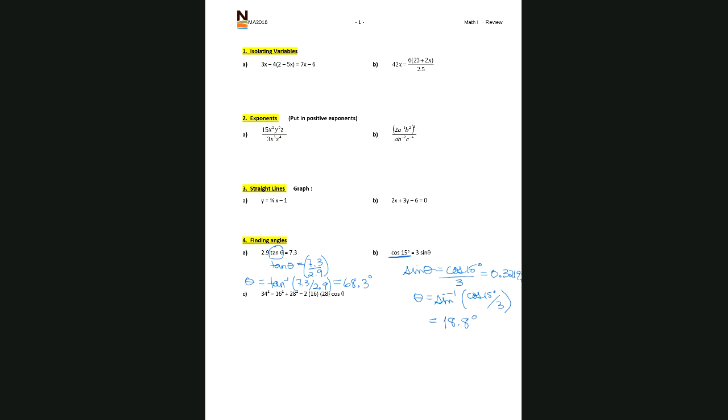Now for question C, you might recognize this from the cosine law. To isolate cos here, before finding the angle, be careful, cos is multiplied by other numbers, so remember the order of operations. We have to move these two numbers on the other side first before dividing.